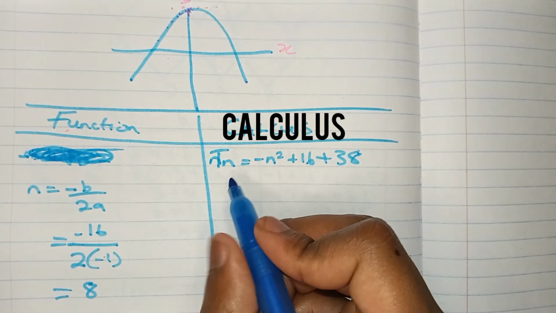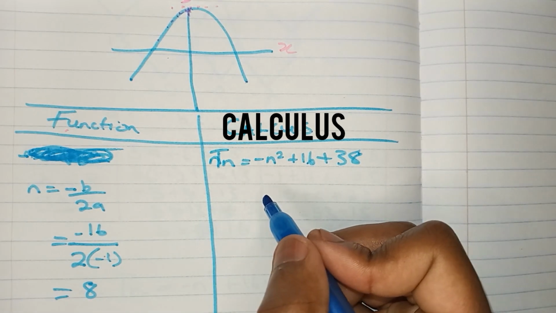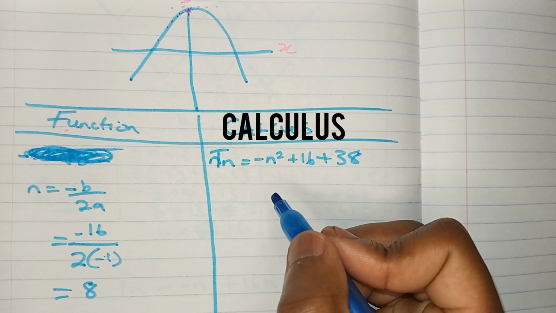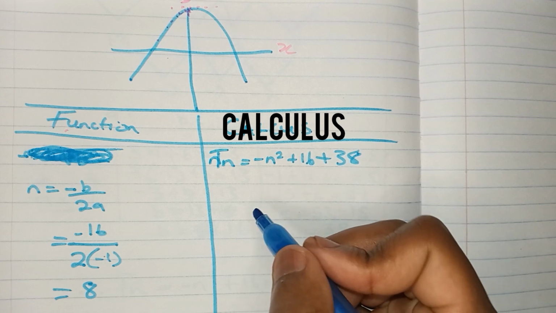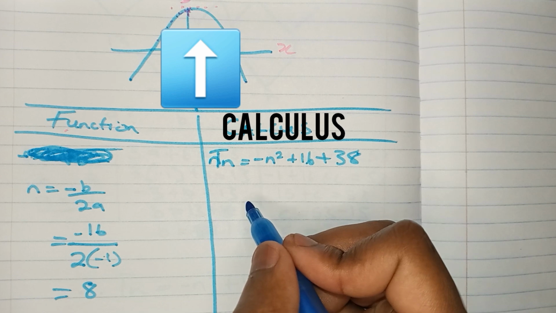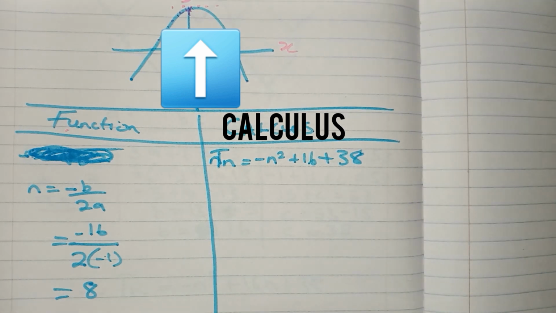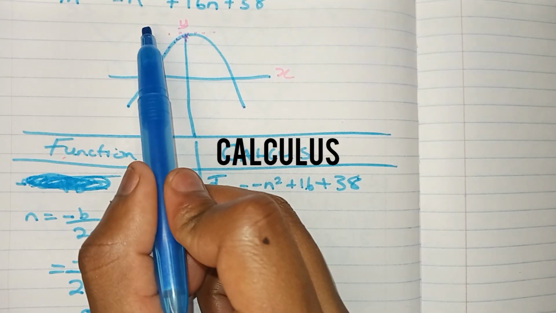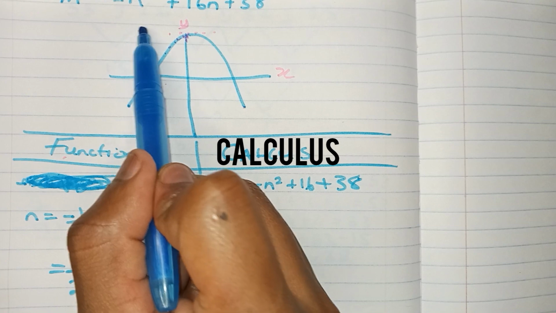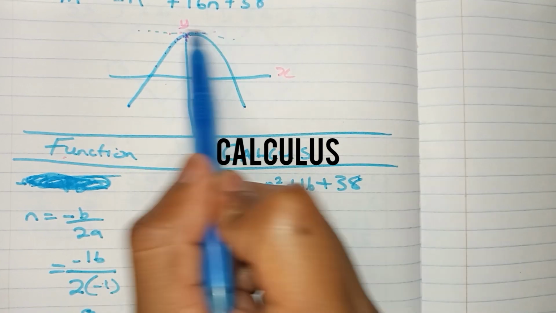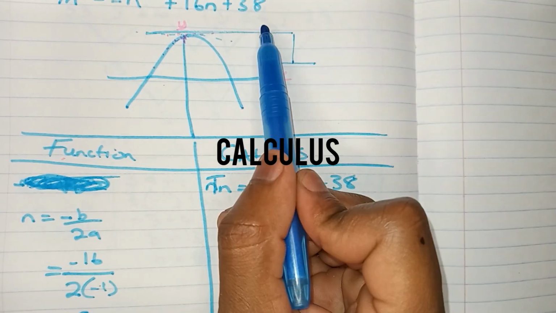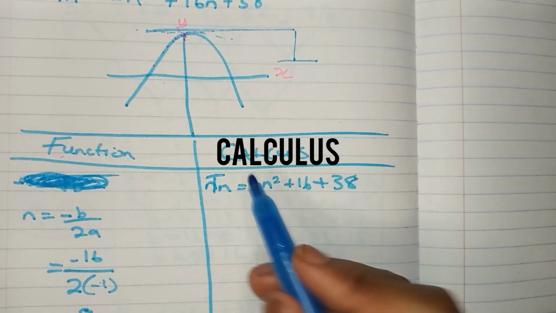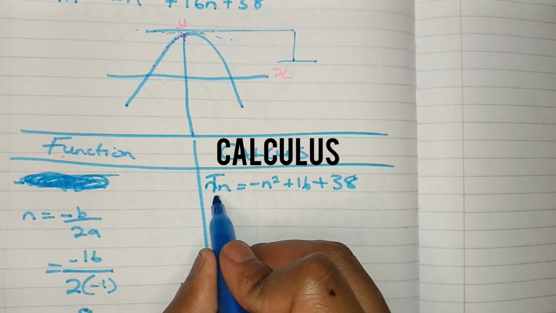It's the derivative. So you don't stress about this one a lot, you will learn it. But the first derivative is actually the gradient. So this is the maximum, and in the maximum, take a look at this. Here at the maximum, this is where the gradient is 0. So that's why we are going to equate this to 0. We are trying to find the first derivative.